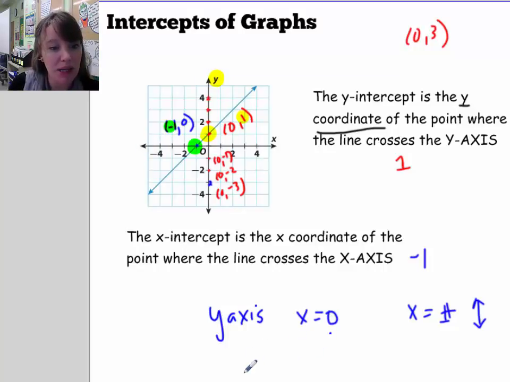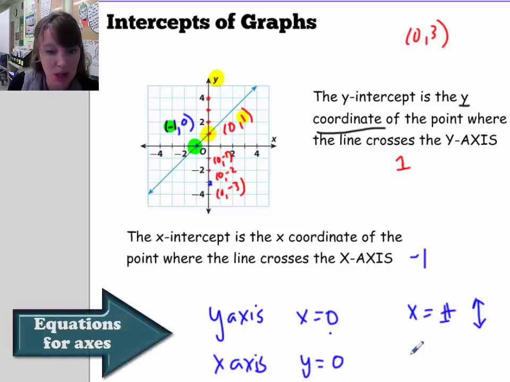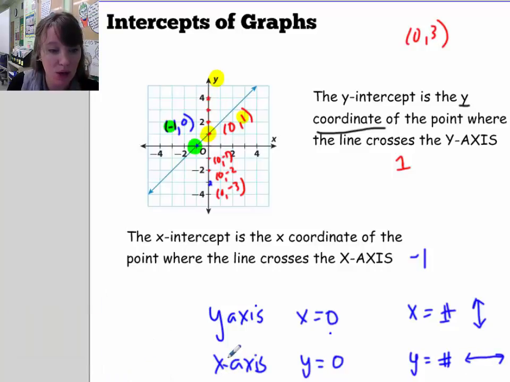The x-axis is a horizontal line where the y value is always 0. We talked about yesterday that y equal to a constant is a horizontal line, so the x-axis has the equation y equals 0. That's why we're only interested in the values that are not 0. For the x-intercept it's the x-coordinate, and for the y-intercept it's the y-coordinate.